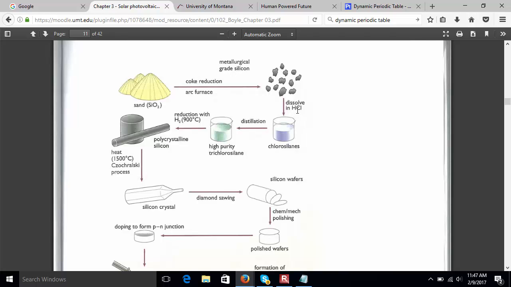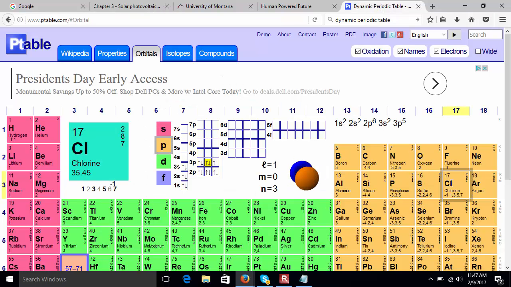So HCl, and now the chlorine is going to bind with the silicon. So now we've got chlorine over here binding with the silicon. Remember, chlorine just has that one little missing valence, so it's going to bond really nicely with the silicon, and each one of those is going to stick in there.